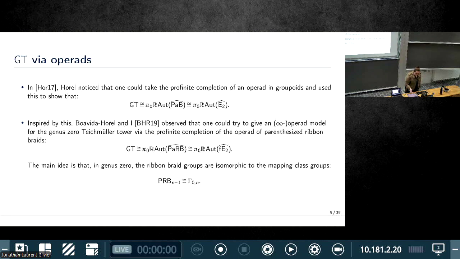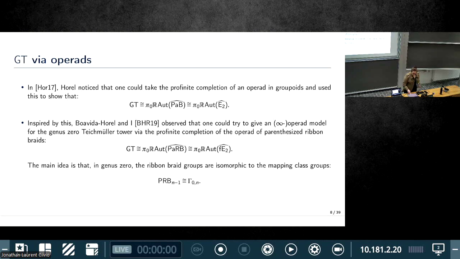Inspired by this idea, Pedro Boavida and Geoffroy tried to take this to the next step: does this map to the Teichmüller tower, and how is it constructed? This part, the profinite completion once you take classifying spaces, becomes a bit of a nightmare.